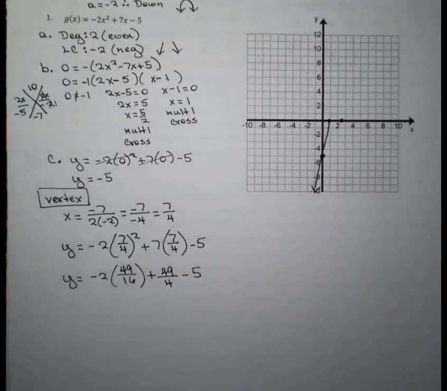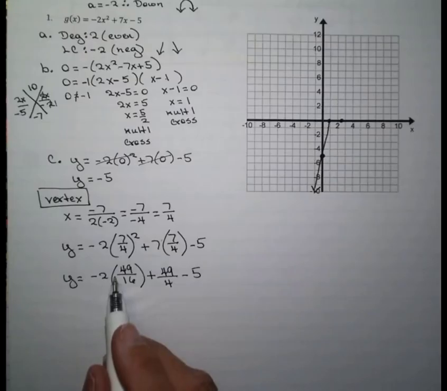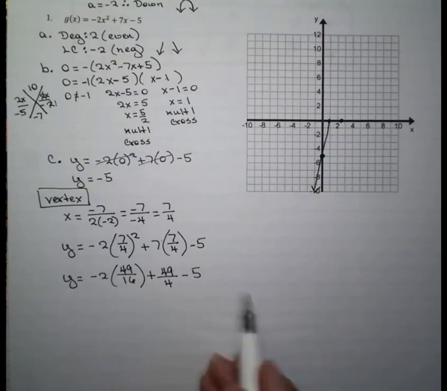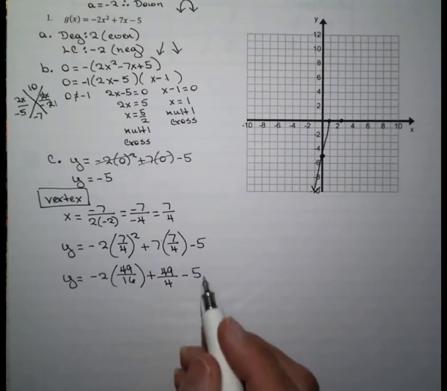Now, at this point, I'm going to reduce this particular fraction. I can say negative 2 will reduce with that 16, won't it? And I would end up with over 8. Would that help me a lot? Well, I don't know. Maybe I can just multiply everything through by 16 and clear the fractions. Why don't we do that? You remember how that works?